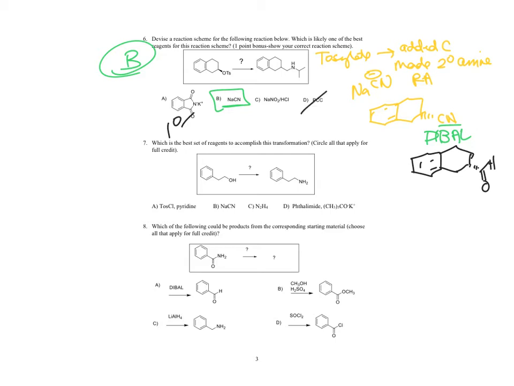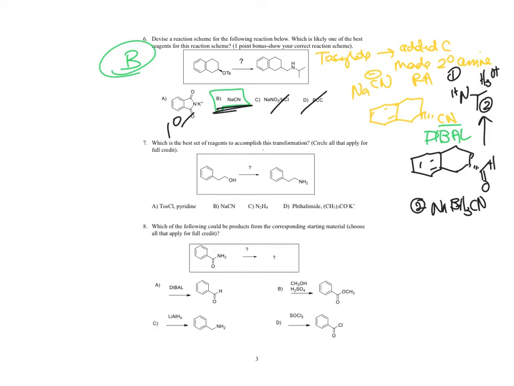We're not doing the diazonium salt. And then you would do reductive amination, which would be throwing in a little bit of acid. And then your second would be a reducing reagent such as sodium cyanoborohydride. And that would give you your product. So B.